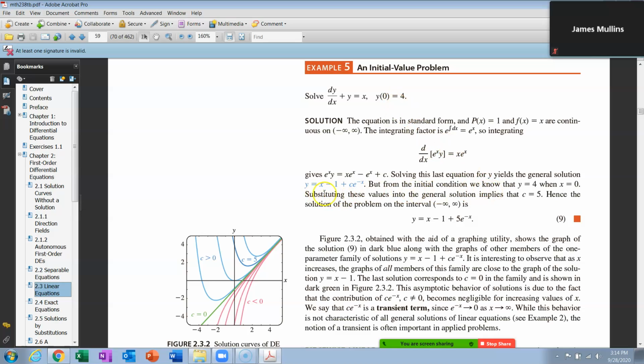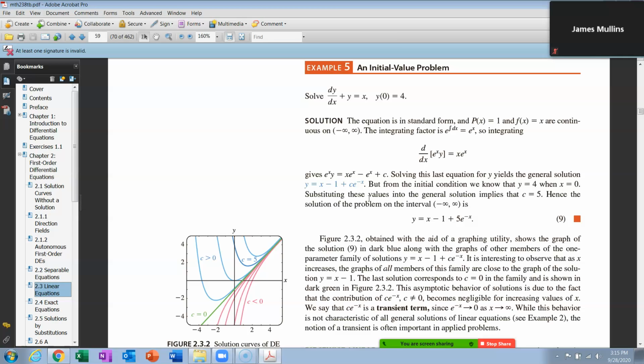Then you take that, plug in your initial value. So this is your general solution with a c there, okay? And what they did here was divide everything by e to the x like we did. But from the initial condition, we know that y is equal to 4 when x equals 0. So when you put 4 in here, 0 here, that's a minus 1, and this becomes a plus c because e to the 0 is 1. Then you have c is equal to 5.